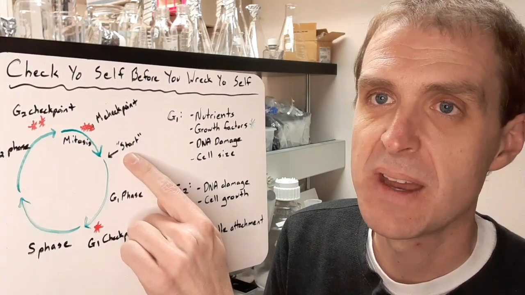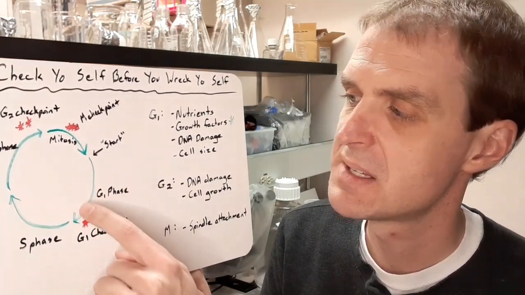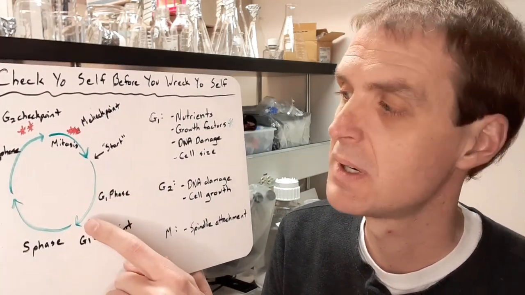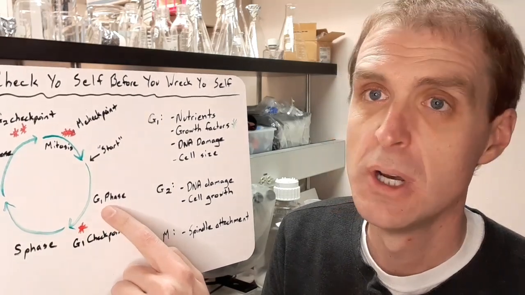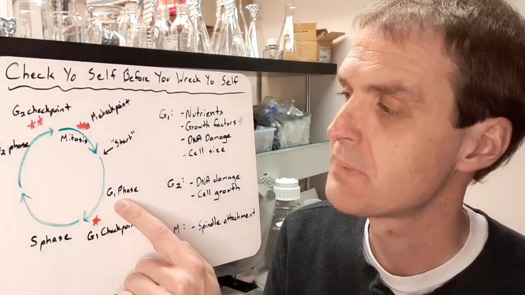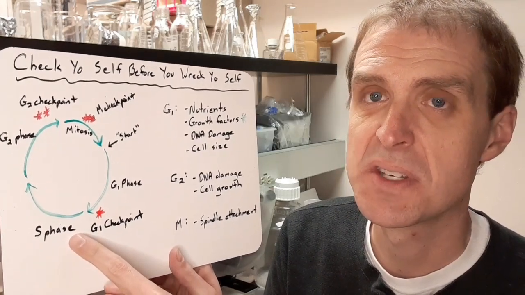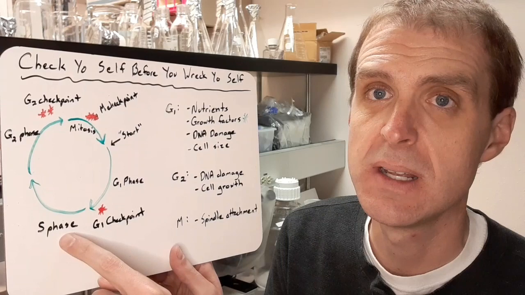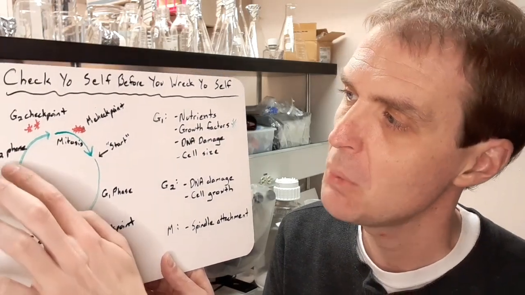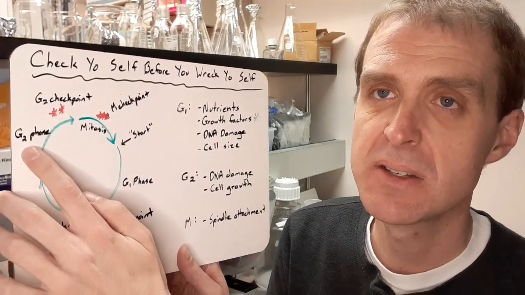So we're going to start there, and the first phase of the cell cycle that the cell would go through would be G1 phase, and then the second phase would be S phase. That stands for synthesis, and it's where the DNA is replicated. We have another G phase, G2.